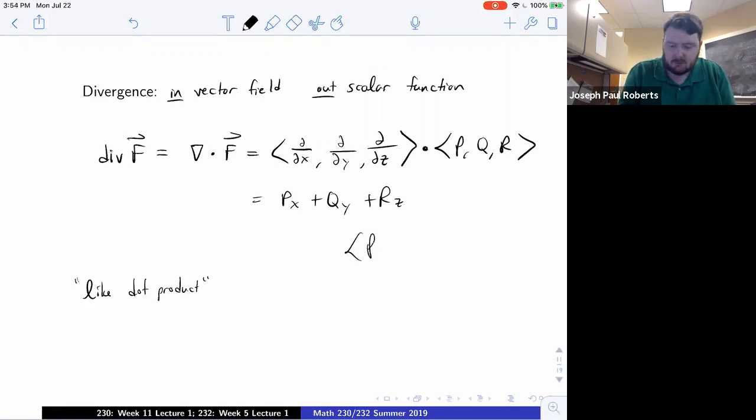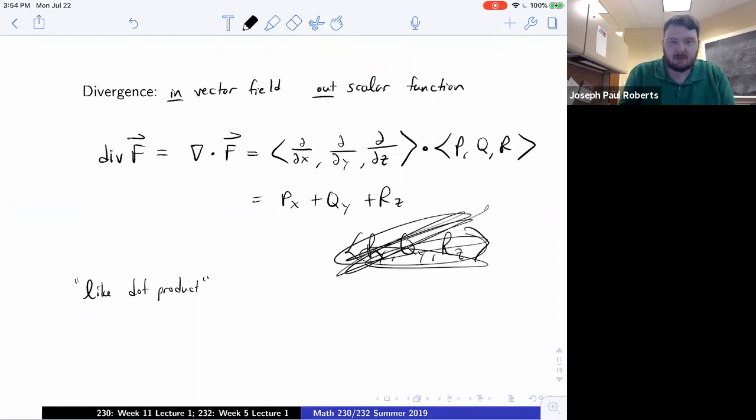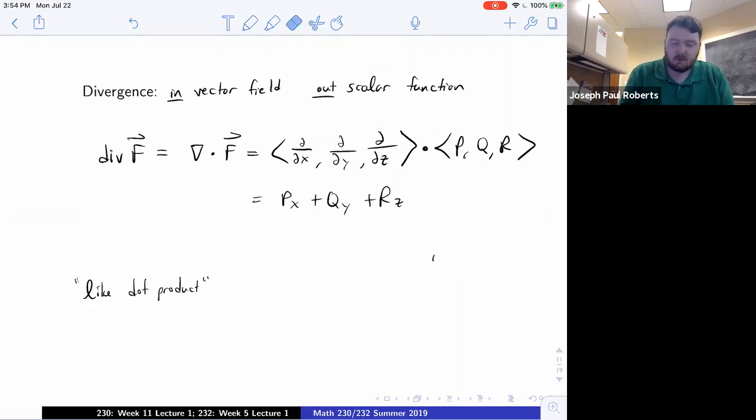So don't ever do P_x comma Q_y comma R_z. That's the half-baked dot product. You're going to be really off on the wrong foot if you think the divergence ends up being a vector. So just make sure that you're getting a scalar function as the output of divergence. So that's what divergence is. It's just a particular combination of partial derivatives of the component functions of your vector field.